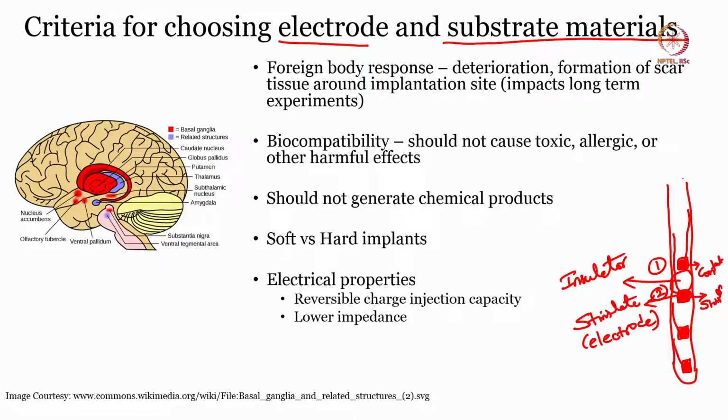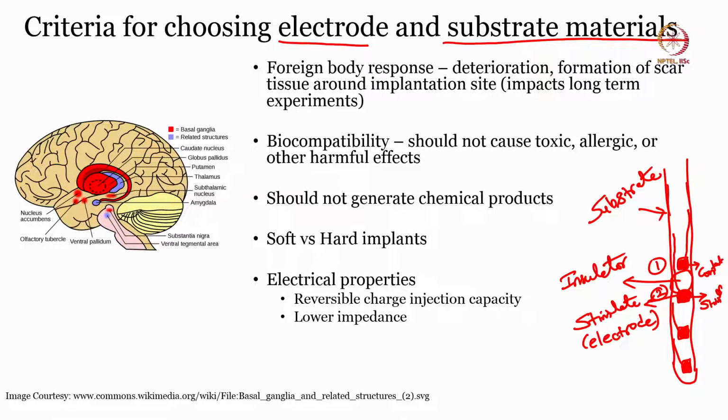Now, the body containing all these electrodes, this entire structure, we can call it a substrate, the material that is supporting. This substrate will not conduct anything. It is like an insulator, and only the electrodes will make contact.